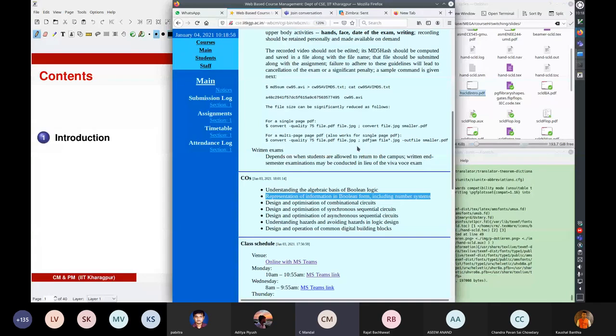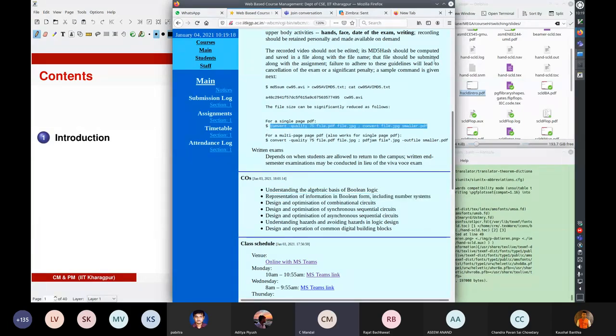but at the same time, uploading a very large file is problematic. So we would prefer you to compress that file. So the relevant command is given here. This is the command that you can use to compress your file.